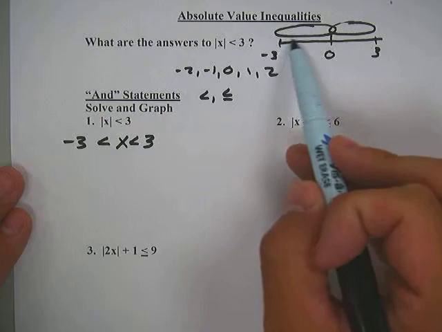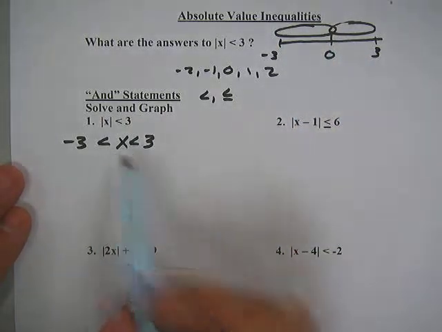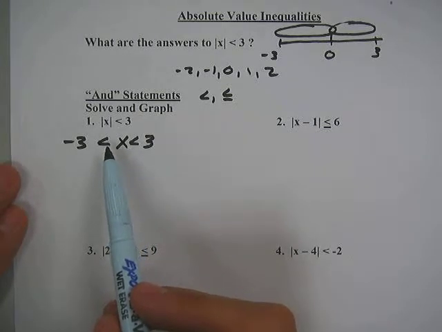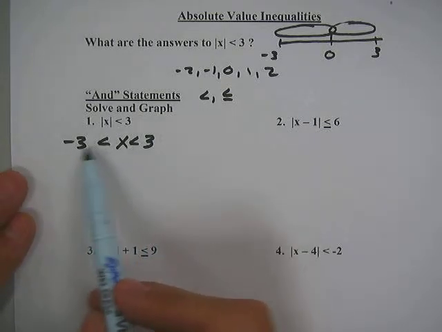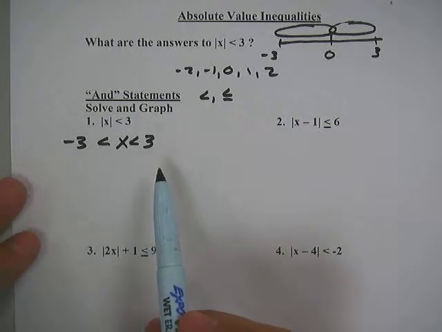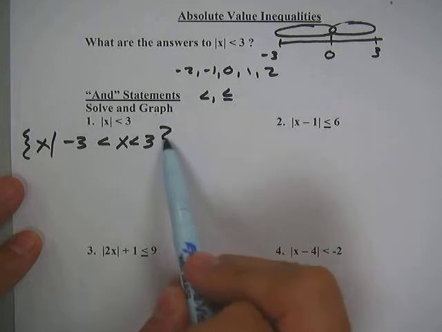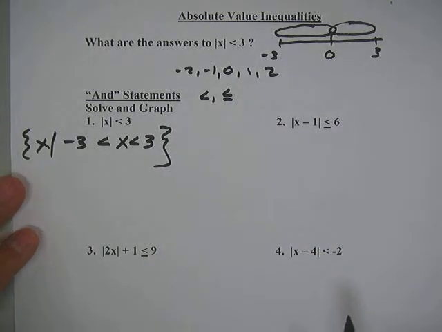And this part right here that we just created is what is accounting for this part on the left-hand side. And there you go. That's how you represent all the numbers that have a distance back to 0 that is greater than -3 and less than 3. And if you wanted to put it in solution sets, I would just do this.